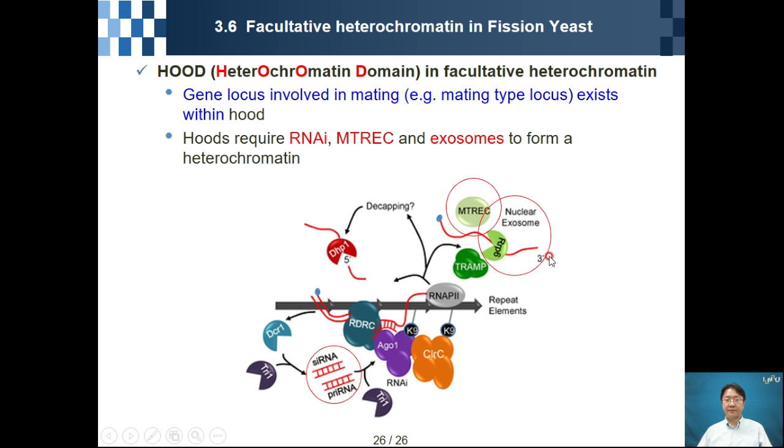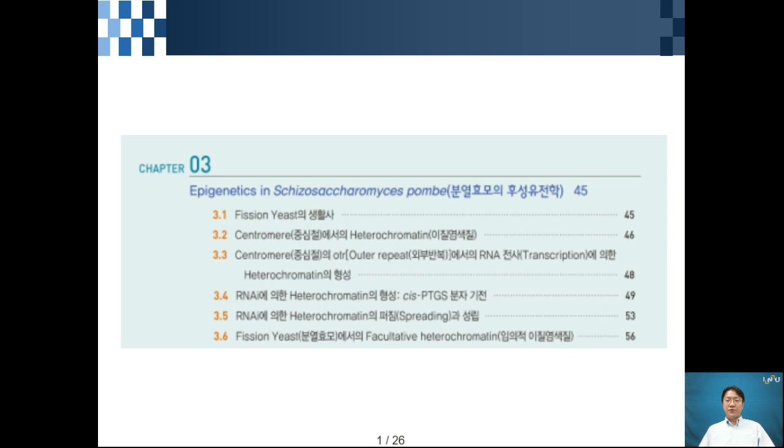Okay. Today we learned about Chapter 3. Chapter 3's title was Epigenetics in Fission Yeast. First, we learned the fission yeast life cycle. We also learned the centromere structure, and the heterochromatin formation mechanism in the centromere, and especially the RNAi-dependent heterochromatin formation mechanism.